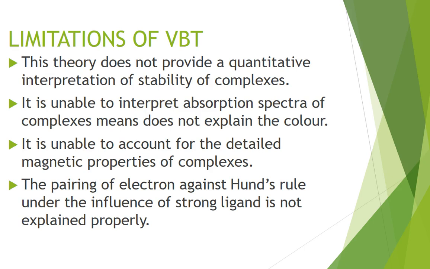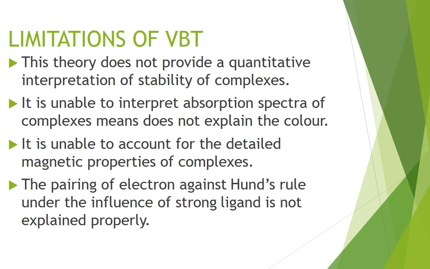Now the limitations of VBT. It does not provide quantitative interpretation of the stability of complexes. It doesn't tell which complex will be stable, which will be more stable, which will be less stable. It is unable to interpret the absorption spectra of complexes, meaning why a particular compound is colored or not.